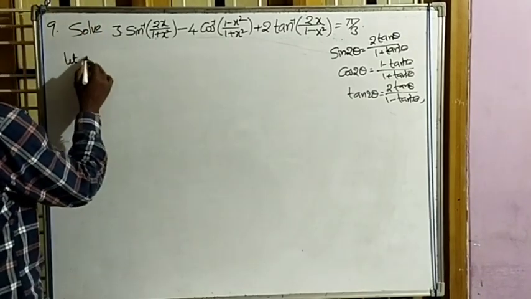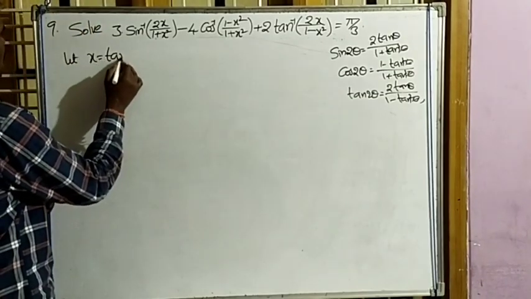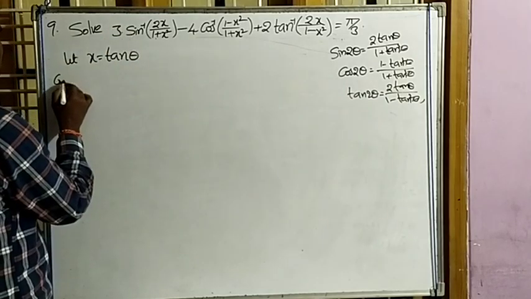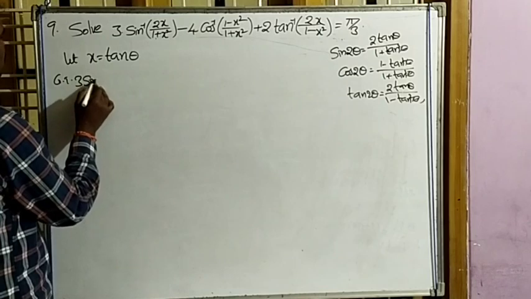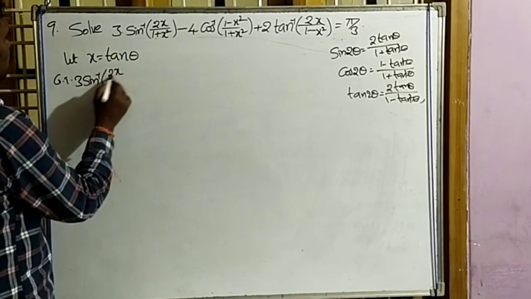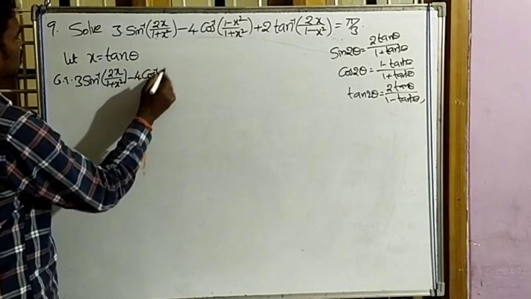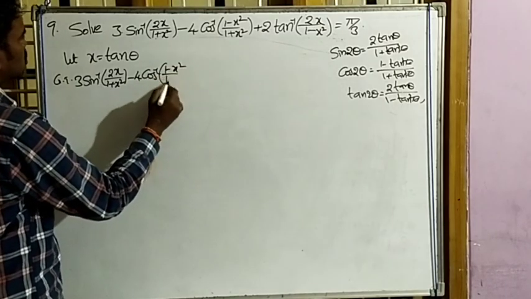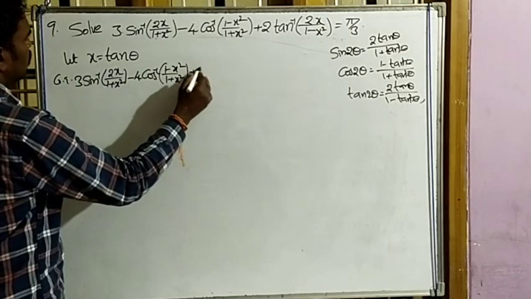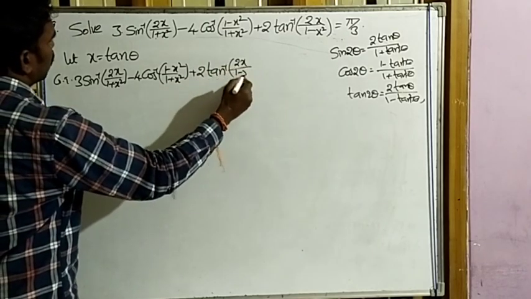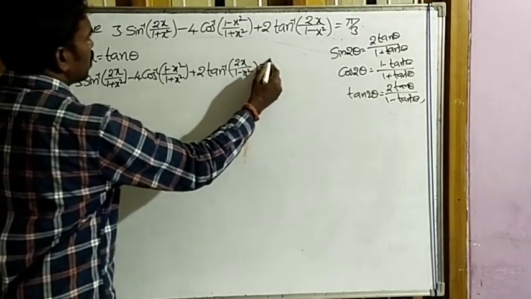So let x be equal to tan theta. Given that 3 sin inverse of 2x by (1 plus x square), minus 4 cos inverse of (1 minus x square) by (1 plus x square), plus 2 tan inverse of 2x by (1 minus x square) is equal to pi by 3.